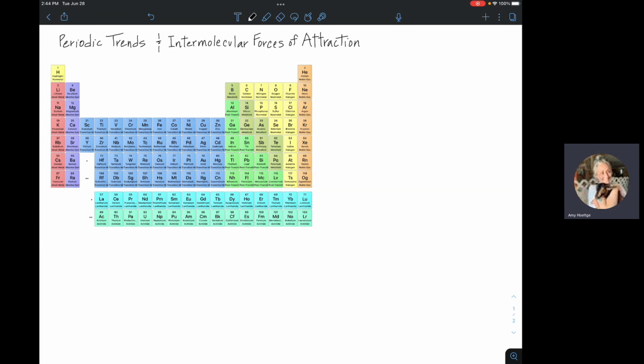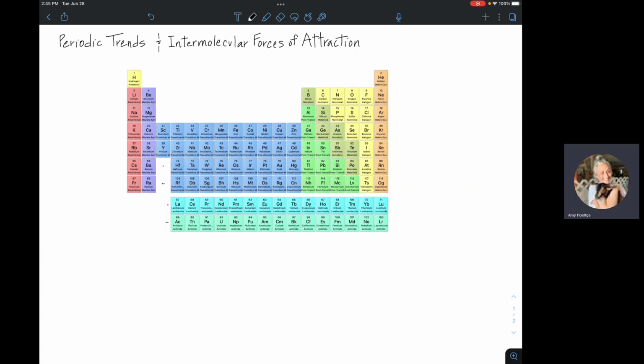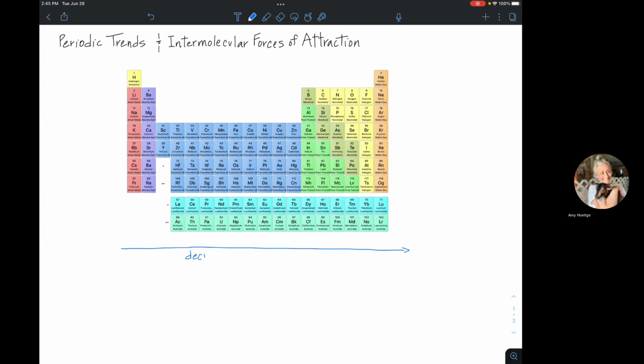So in terms of atomic radius, we're looking at a decrease as we go from left to right across the table, a decrease in atomic radius.